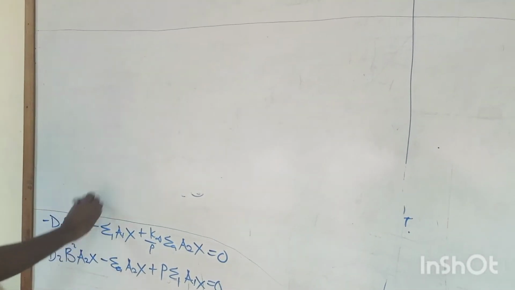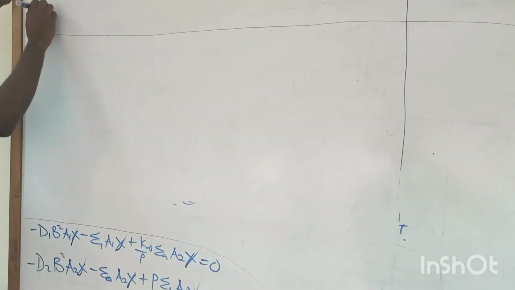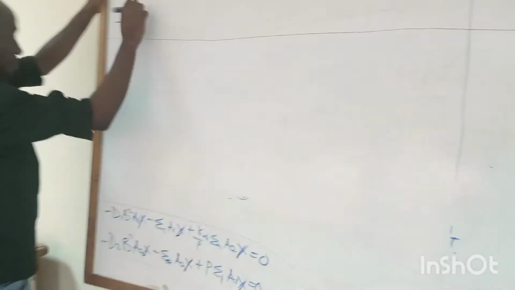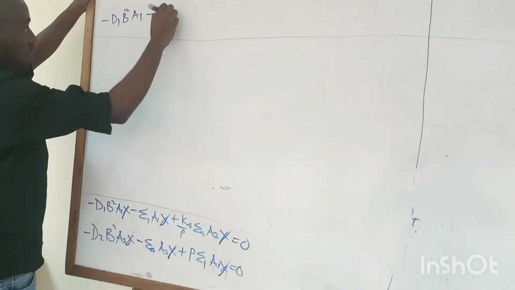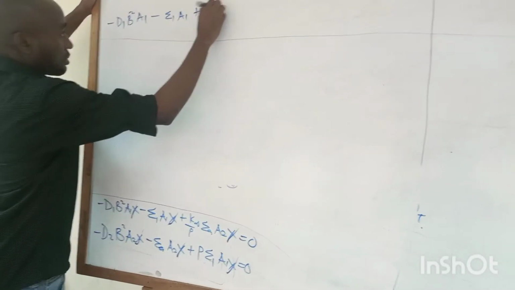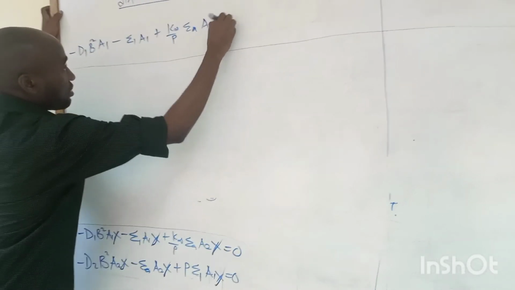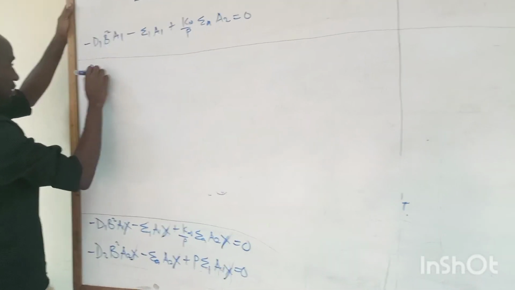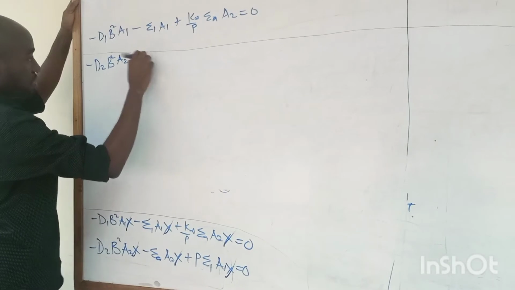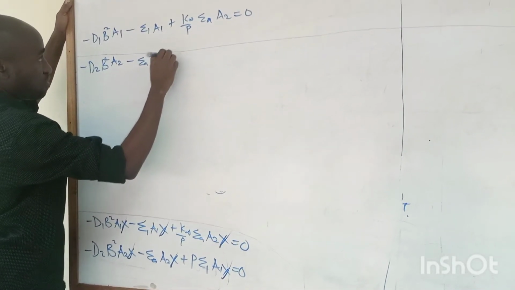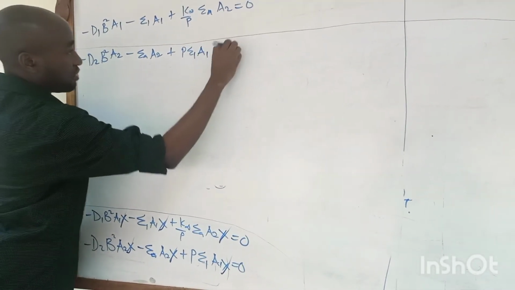We can, all these psi(x) can go, they are the same thing. So we now have minus d1 b squared a1 minus e1 a1 plus k infinity p a2 equal to 0, and minus d2 b squared a2 minus ea a2 plus p e1 a1 is equal to 0.